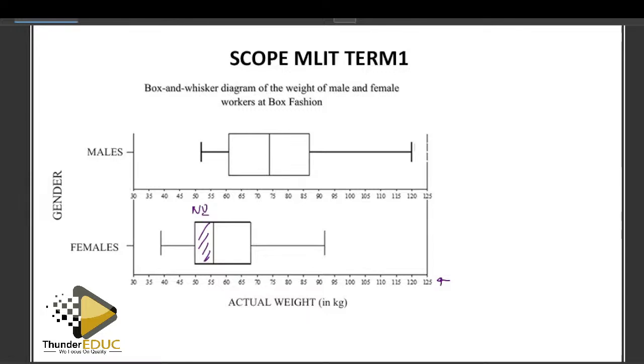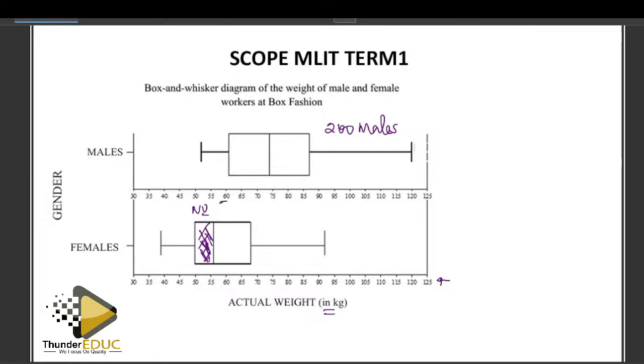All right, the values on the scale represent weight. But the actual box here, so if they asked you, let's say these were 200 males, and they ask you to determine the number of males that weighed below 60.